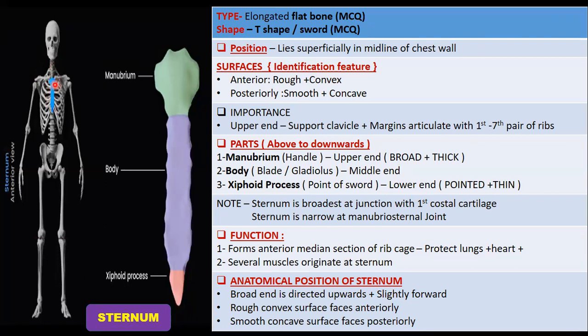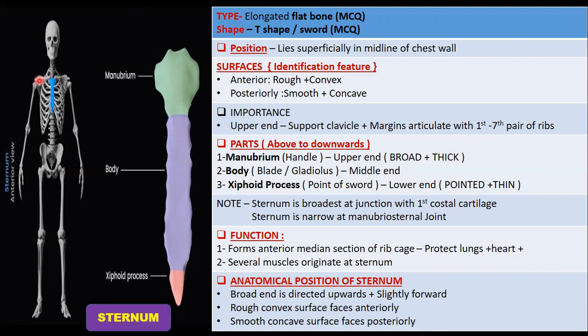Chest line means the breast line. It is somewhat T-shaped. If you can see, it is somewhat a T-shaped structure, or we can say it is a dagger or a small sword-like structure. You can give any name, but remember it is somewhat a T-shape like structure.